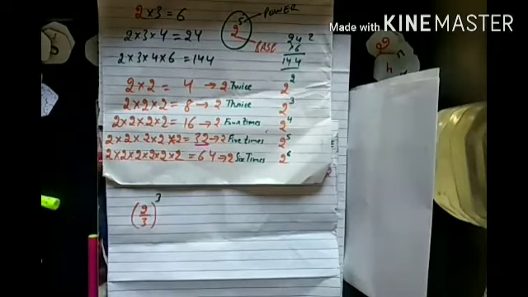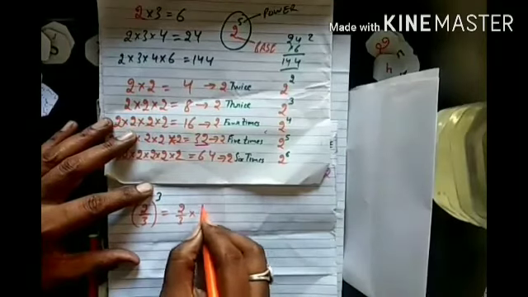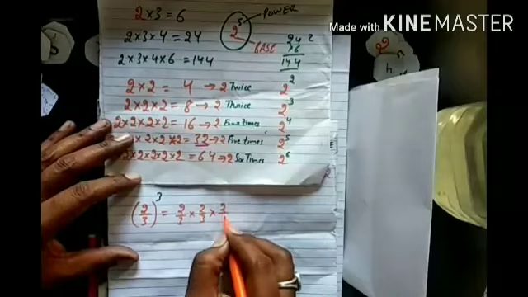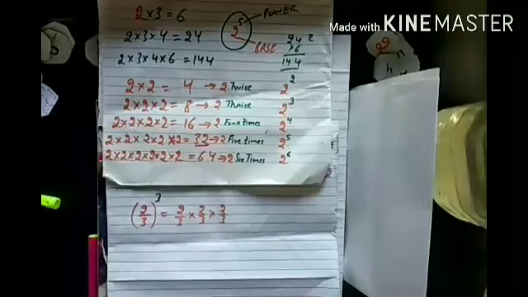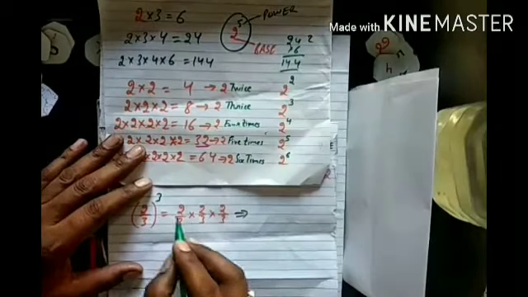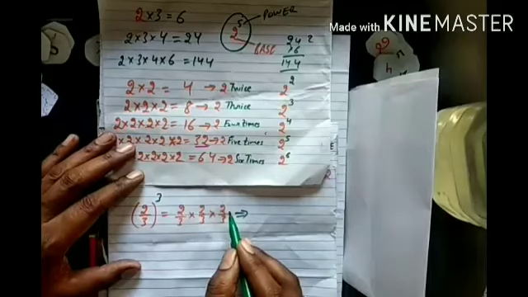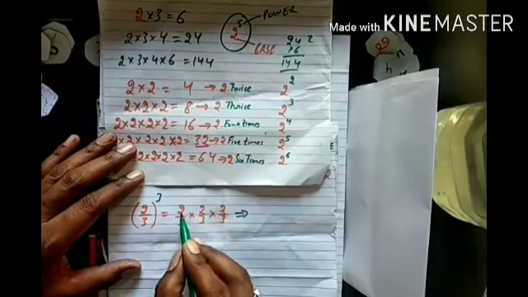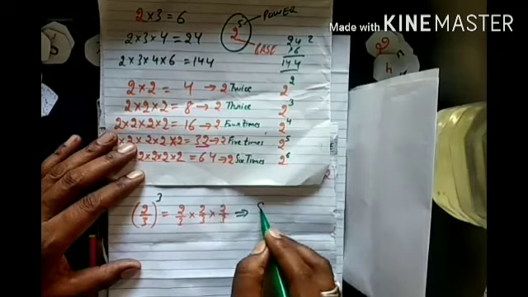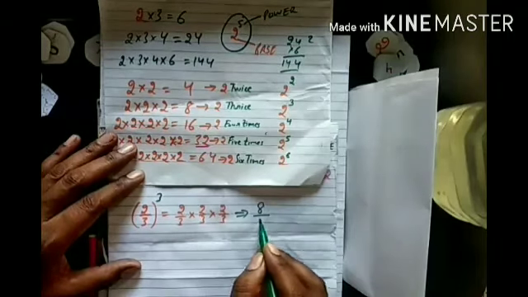Its meaning is that I am multiplying 2 by 3, 2 by 3, and 2 by 3, thrice. As you know, the method for multiplication of rational numbers is that we multiply numerator with numerator and denominator with denominator. Now 2 multiply 2, that is 4. 4 multiply 2, that is 8. I will write 8, and 3 multiply 3, 9 multiply 3, 27.